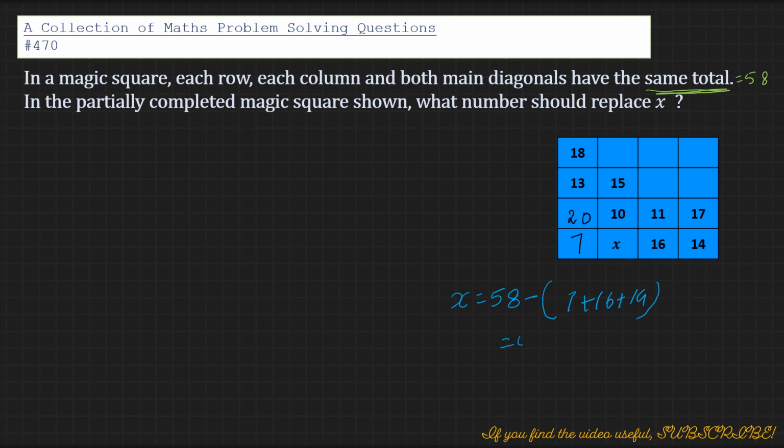So 16 plus 7 is 23, and 23 plus 14 is 37. So 58 minus 37 is 21. So we get x equals 21.